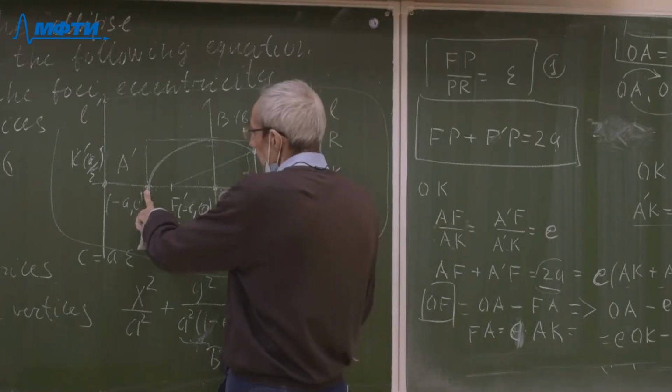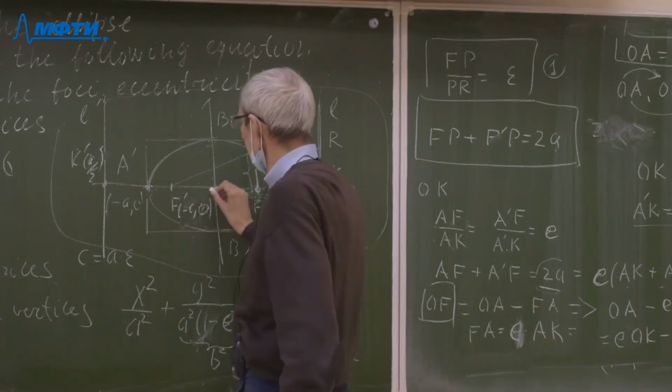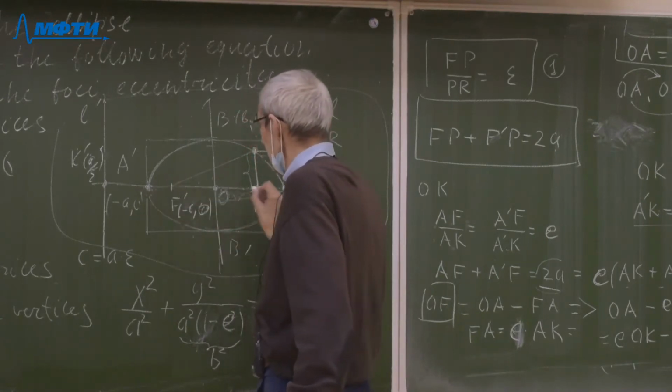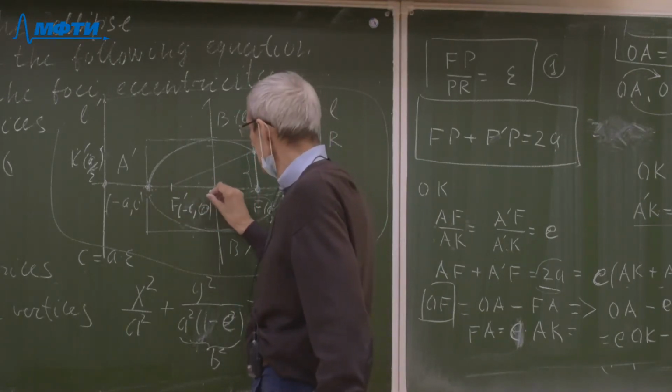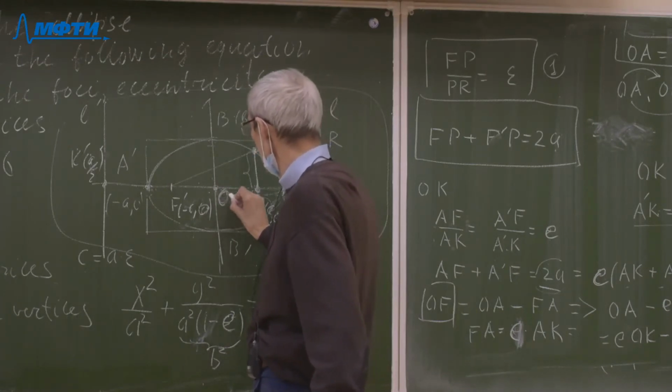These are 2 points of our curve, A and A prime. We consider the middle point of this segment A prime A, and we call this middle point O.